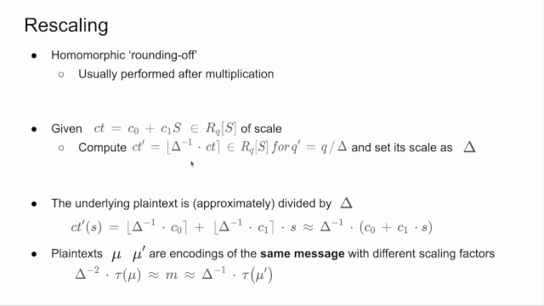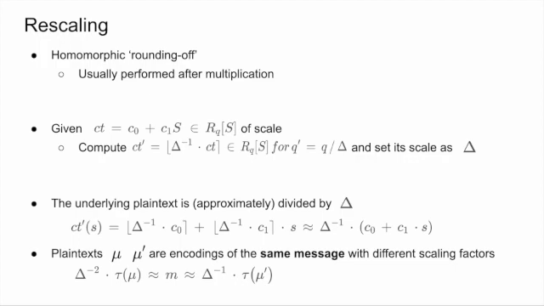So basically for rescaling we are dividing by an approximate value of delta, and for the summing of ciphertexts, we would need to first rescale those messages to the same level.